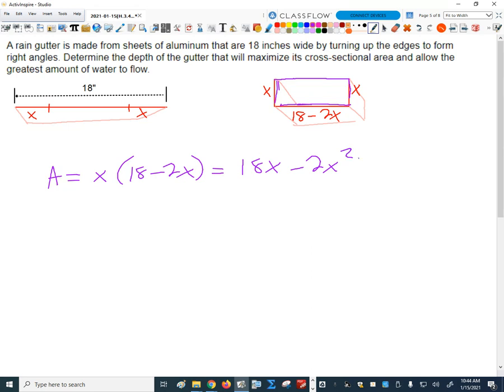If I write that in standard form, I've got A of x equals negative 2x squared plus 18x. Aha, that's looking an awful lot like a quadratic, isn't it? That's a quadratic that's going to turn down. And so if I want to find the maximum area, isn't that just going to be the vertex, because that's going to be the maximum of that downturning function? Okay, get the idea?